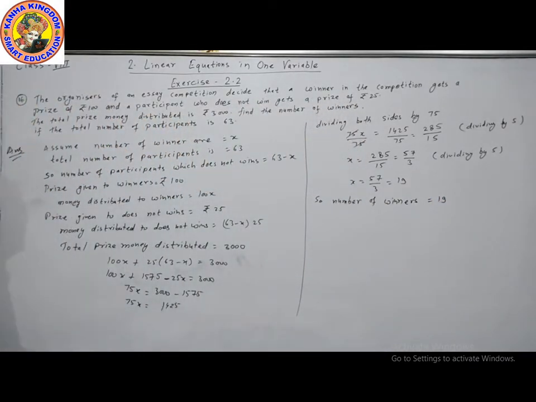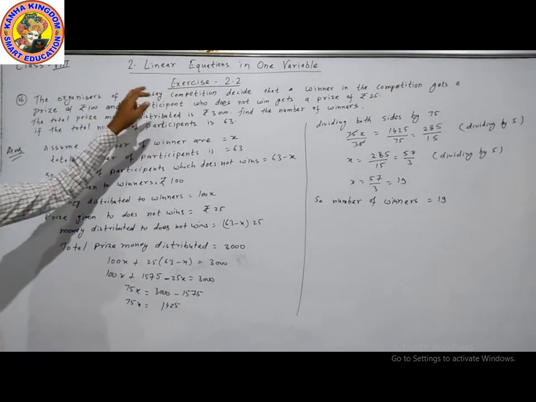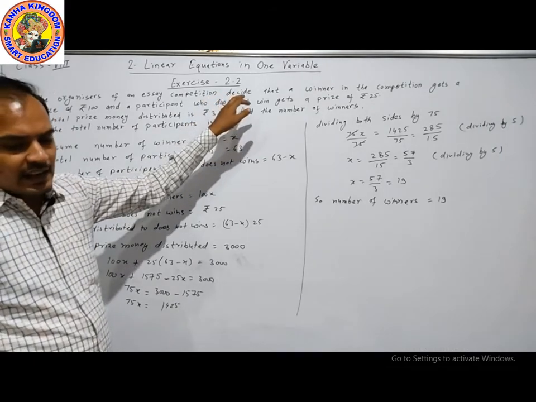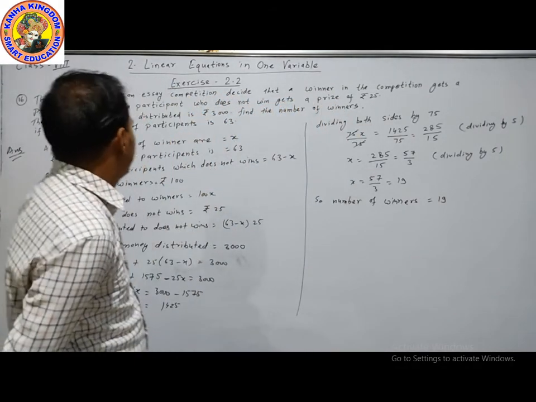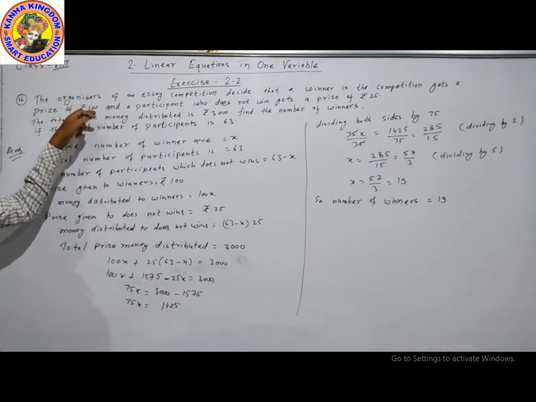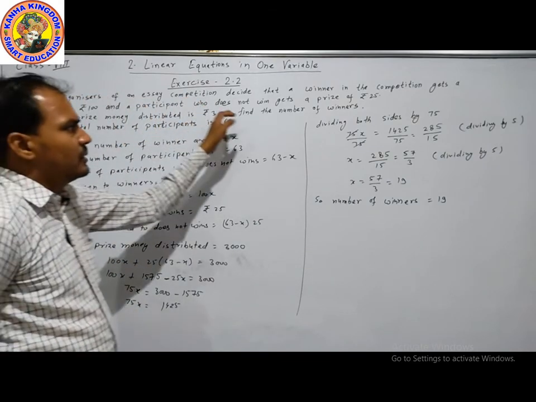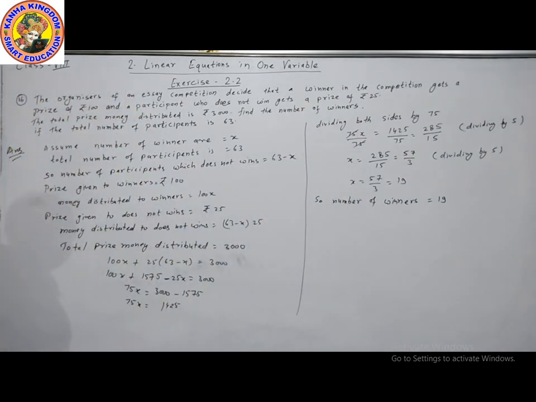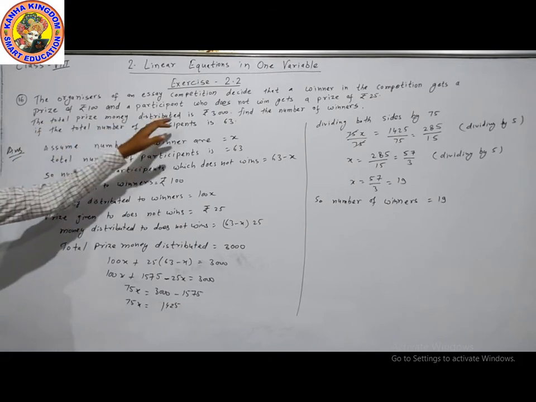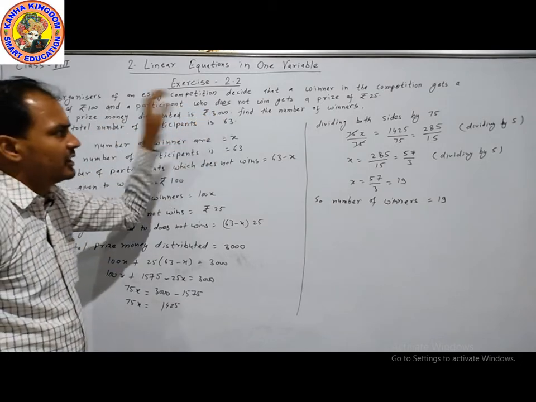This is our answer. Let's take the beginning of the question. The organizers of an essay competition decided that a winner in the competition gets a prize of rupees 100 and a participant who does not win gets a prize of 25 rupees. The total prize money distributed is 3000.